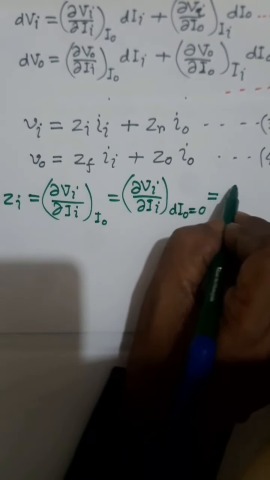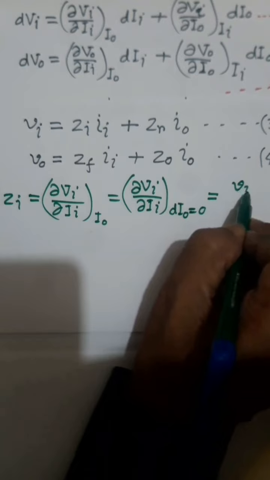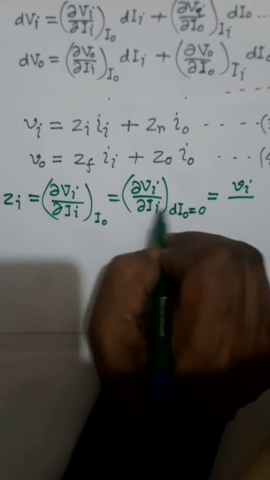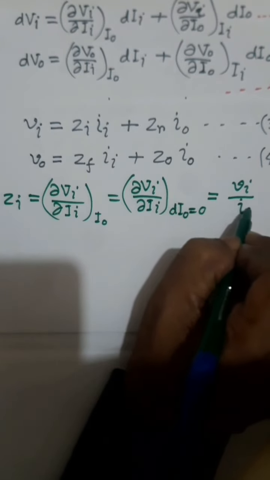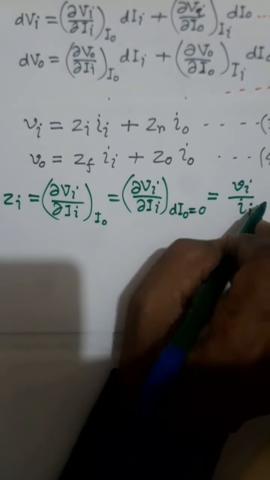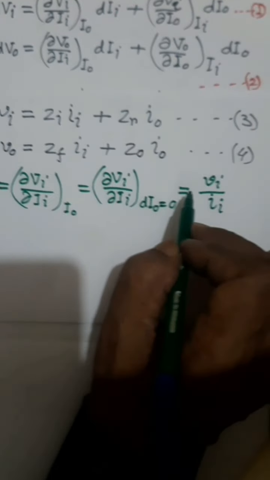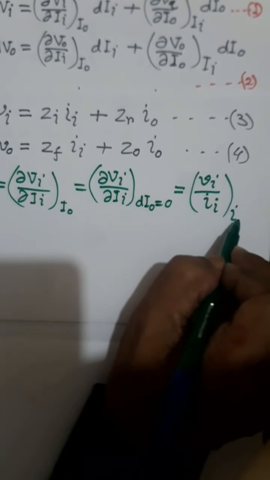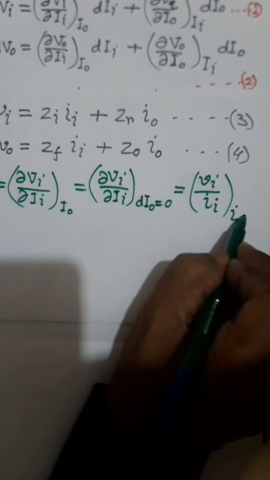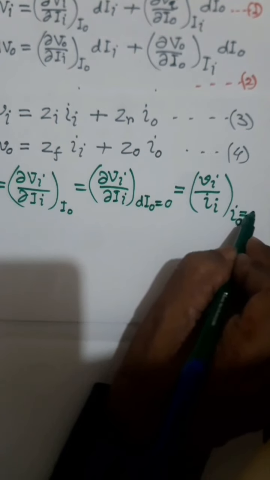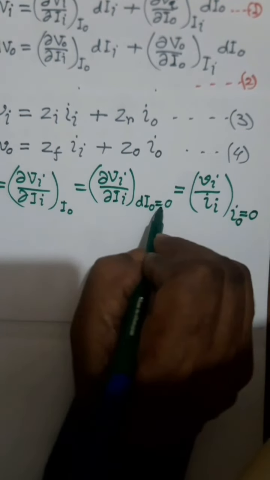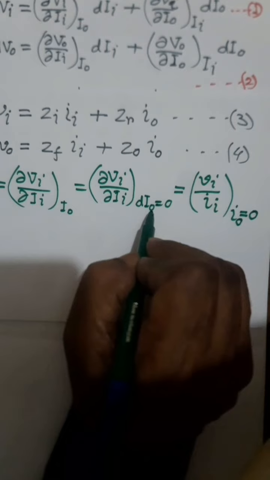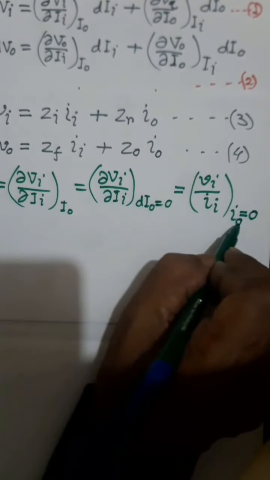It equals AC input voltage Vi divided by input current Ii, with output AC current Io equal to 0.